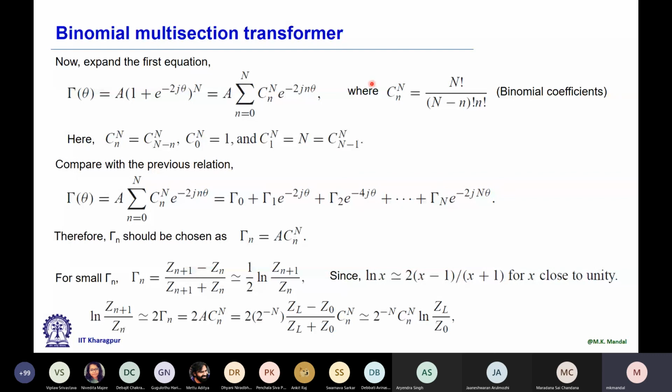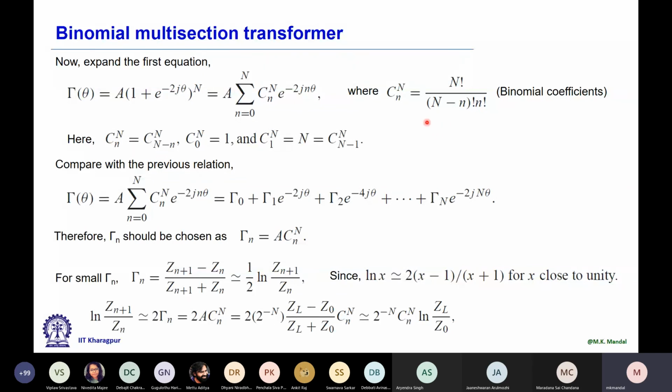Then we can write this term as factorial capital N divided by factorial capital N minus n, then factorial small n. Well, if I look carefully here, we have some relationships. You see, C small n capital N is equal to C capital N minus n capital N. If I put small n equal to capital N minus n, then we have the same term basically.